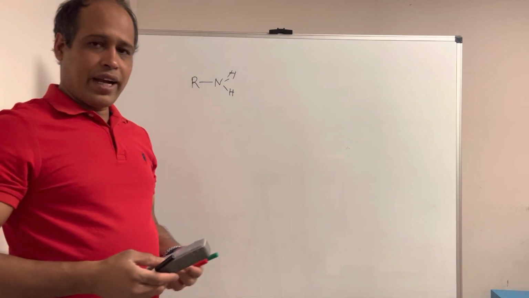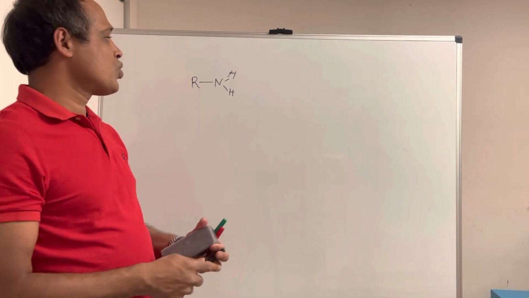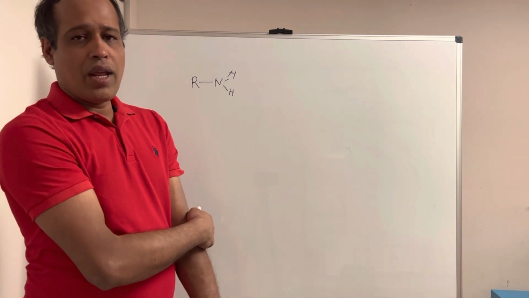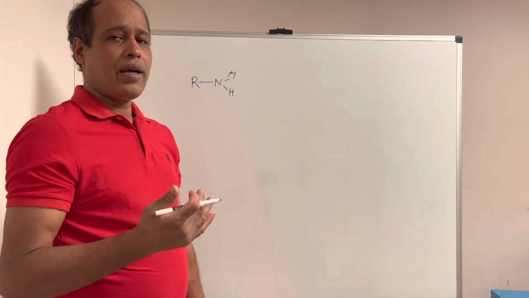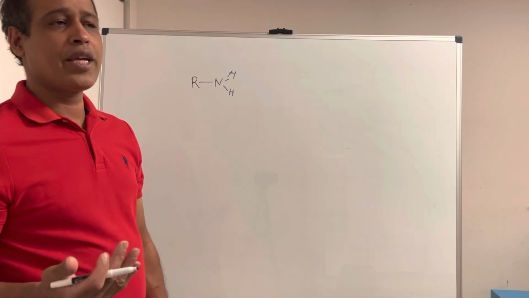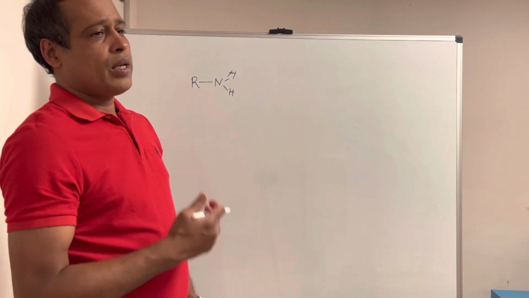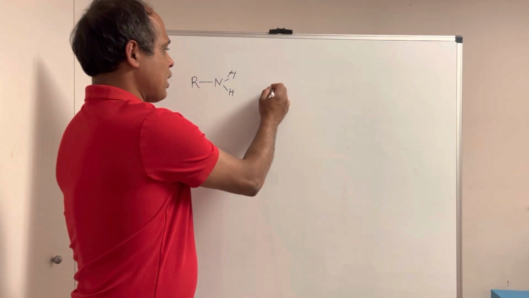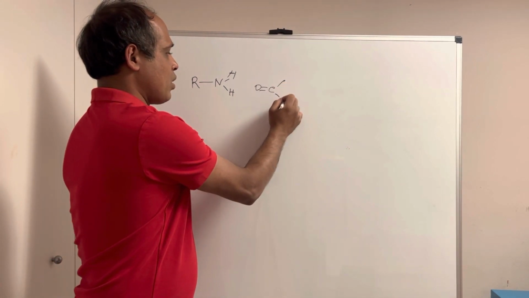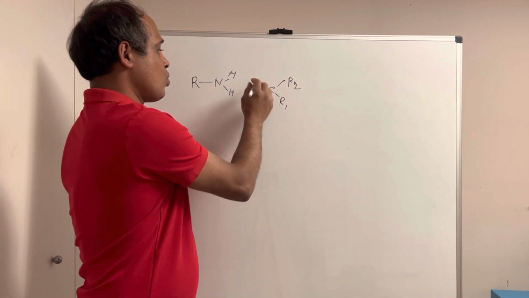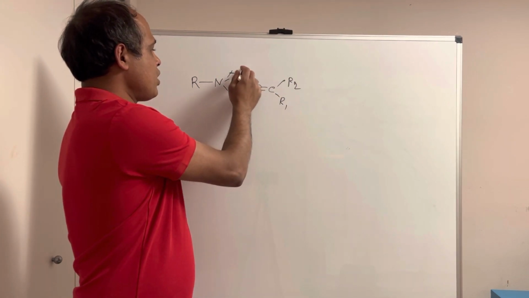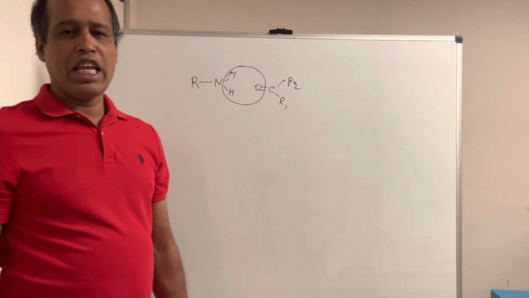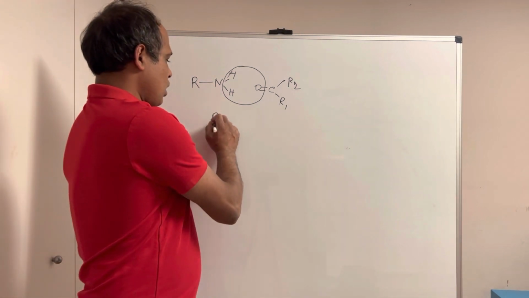For the reductive alkylation or amination, you need an aldehyde to react with this amine, and you can also use a ketone. In the case of a ketone, you will have two carbons separately, like these two alkyl groups, and it will form an imine.